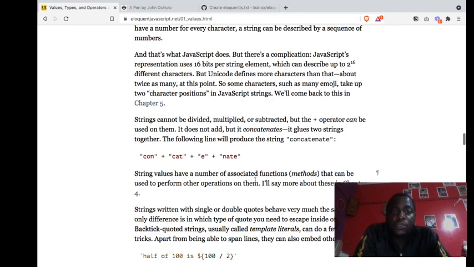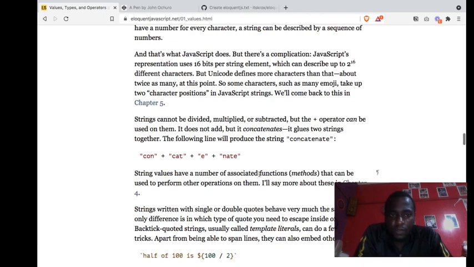JavaScript's representation uses 16 bits per string element, which can describe up to 2 raised to 16 different characters. But Unicode defines more characters than that, about twice as many. So some characters, such as many emoji, take up two character positions in JavaScript strings. We'll come back to this in chapter 5.